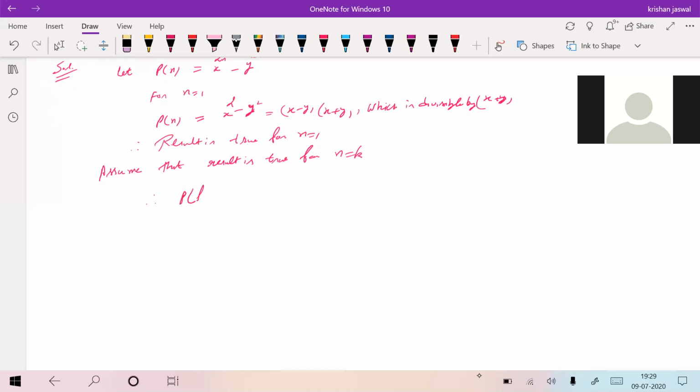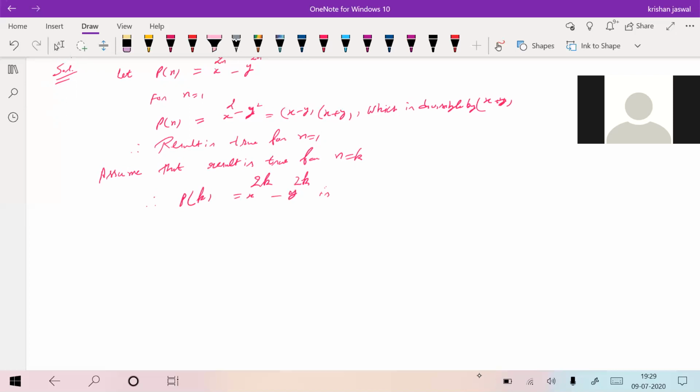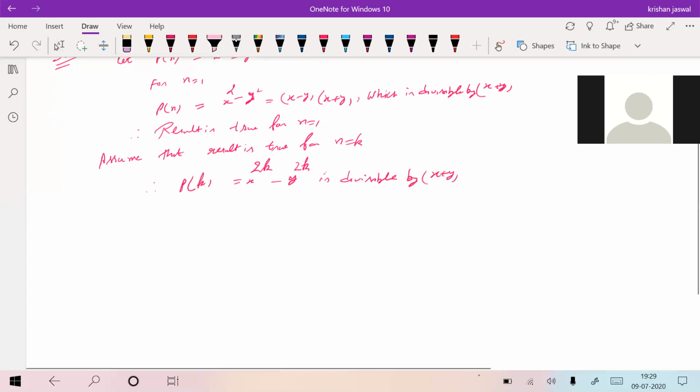Therefore, Pk is equal to x power 2k minus y power 2k is divisible by x plus y.